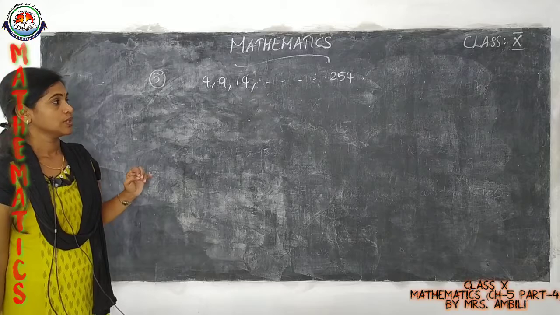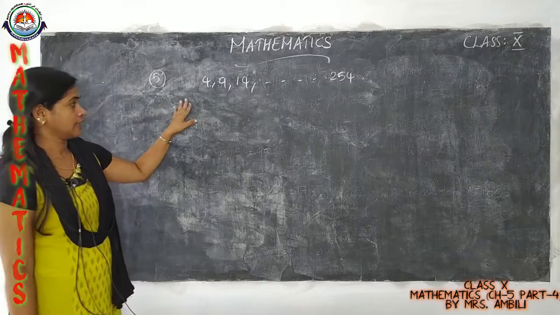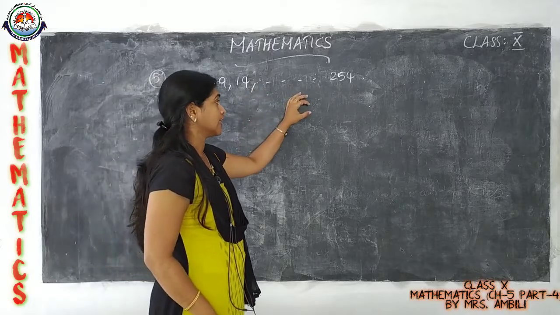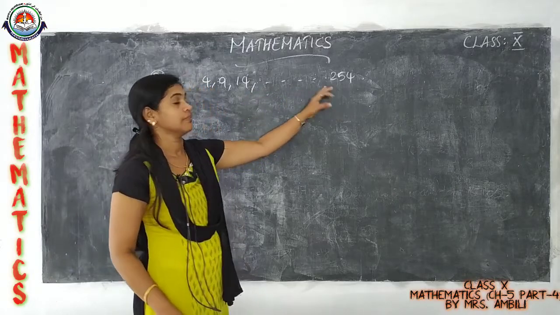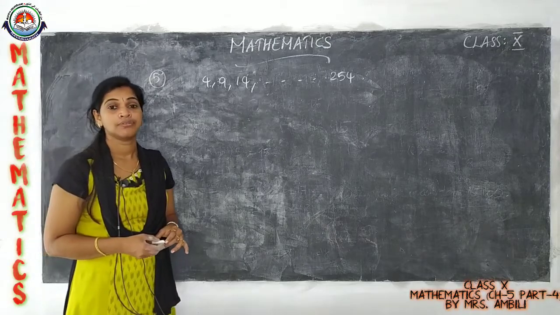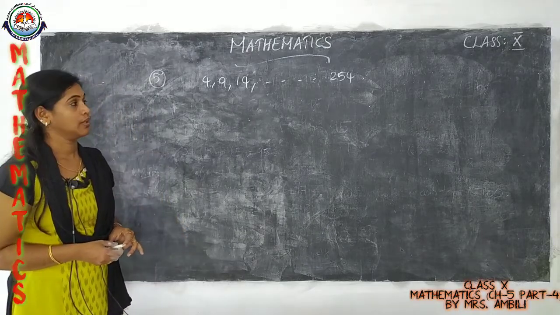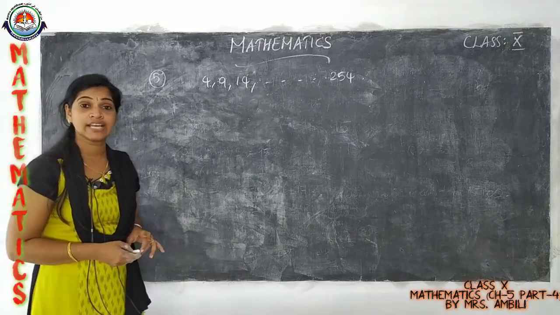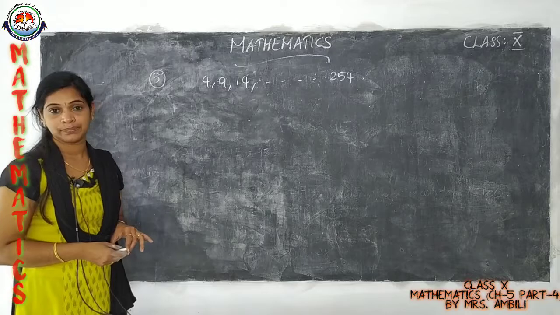Clear? So for that, you write the given things. For finding the 10th term from the last term, we can take A as the first term of the AP, D is the common difference, and L is the last term of the AP.